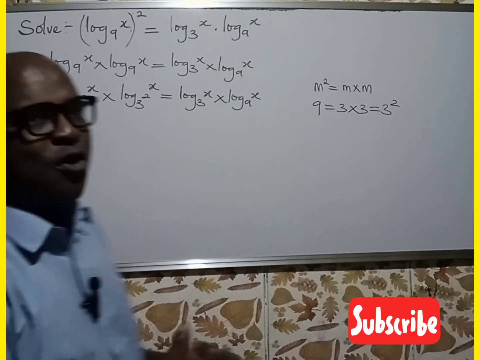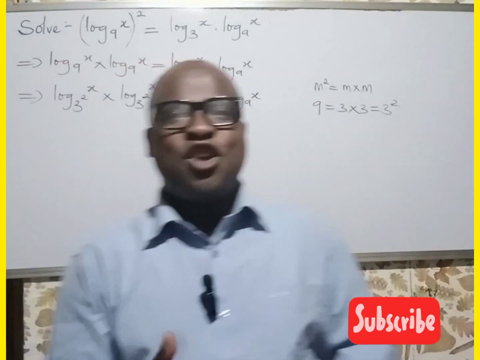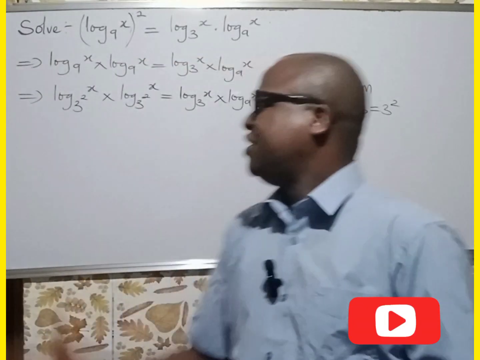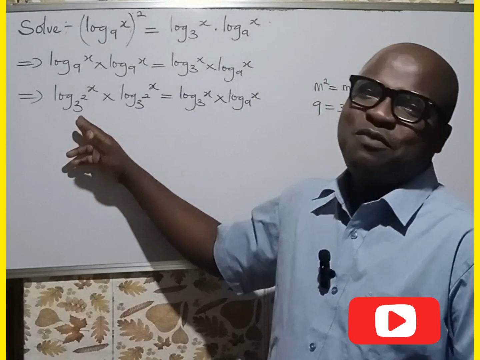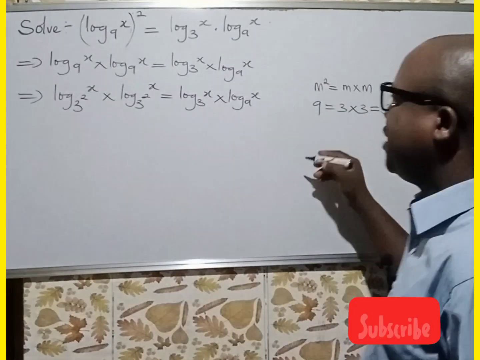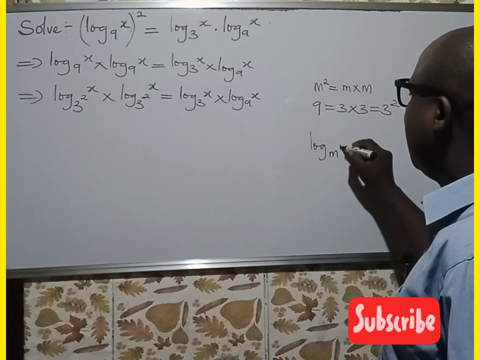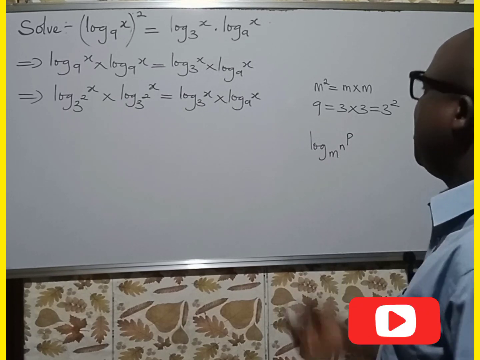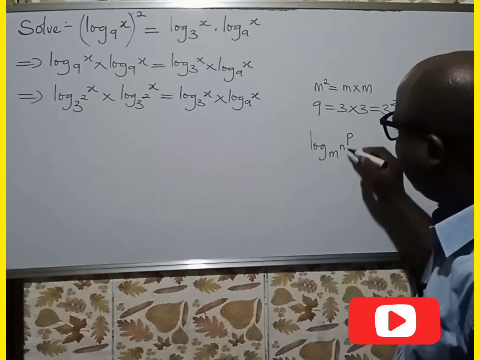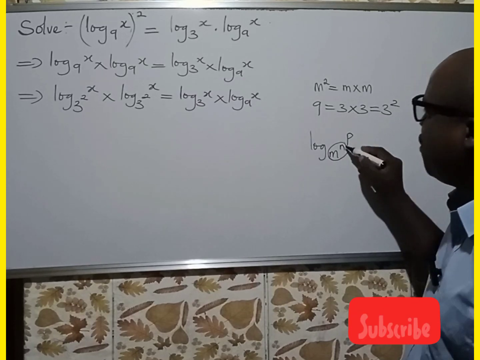There is a certain law in indices whereby when you are dealing with the base and the base has a power, this is what I'm trying to say. If you have something like this, log_(m^n) p, you can see that the base also has a power.